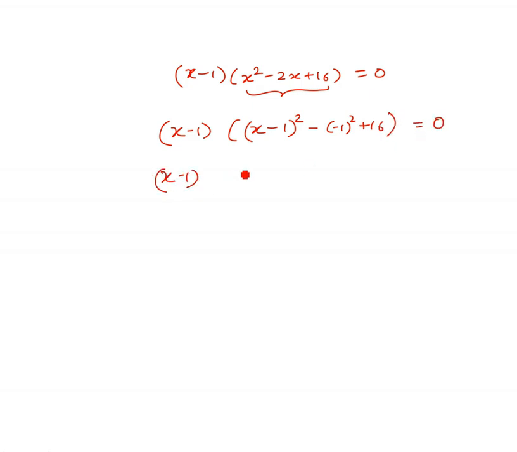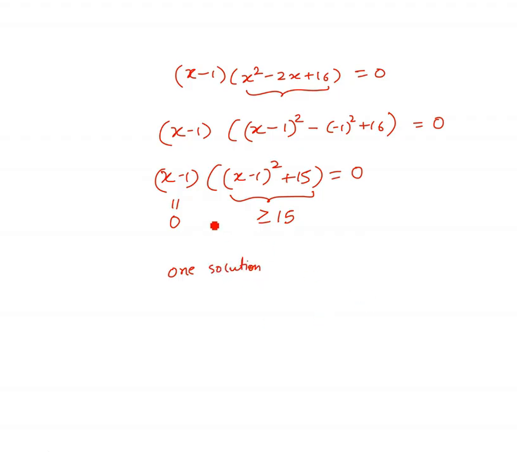So minus 1 squared is 1, so minus 1 plus 16, so plus 15. So either this is 0, but this one looks like it's always going to be greater than or equal to 15. So you have only one solution. That means the normal will not intersect the curve again. There will be only one solution, which is x equals 1.